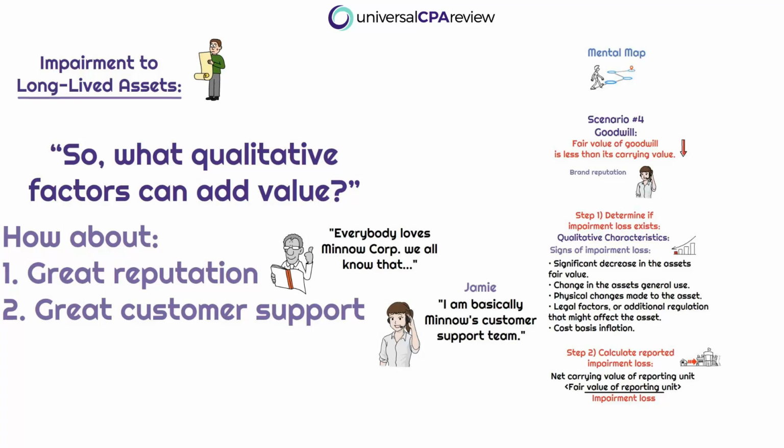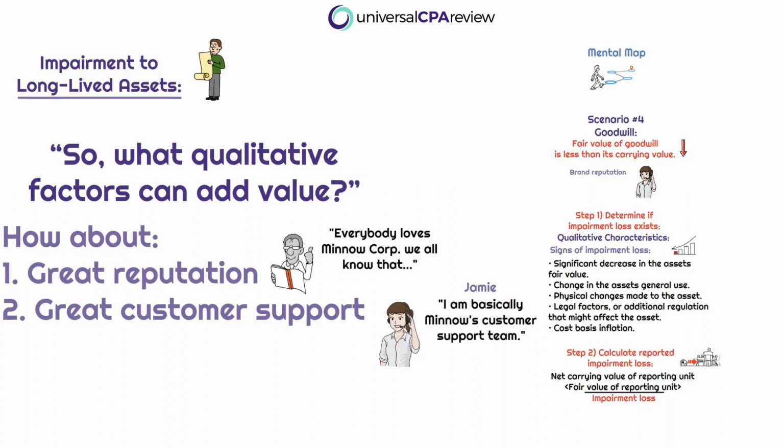And the reality is that this premium, this goodwill that isn't identifiable, is ultimately what is getting recorded and what we need to test for impairment. So if Minnow Corp has a decrease in its brand equity, or if Jamie, who effectively is the company's customer support team, quits randomly, then we have a decrease in value to that goodwill.